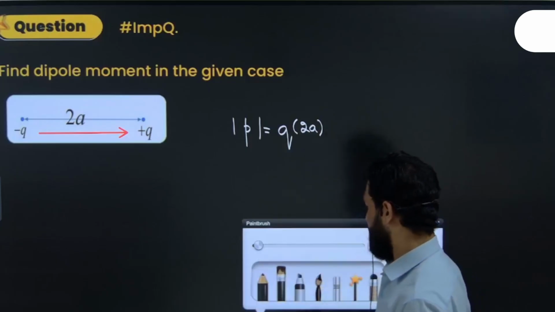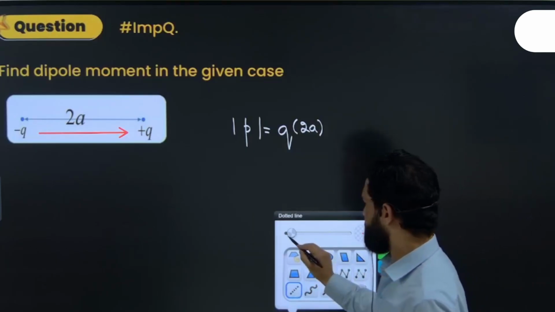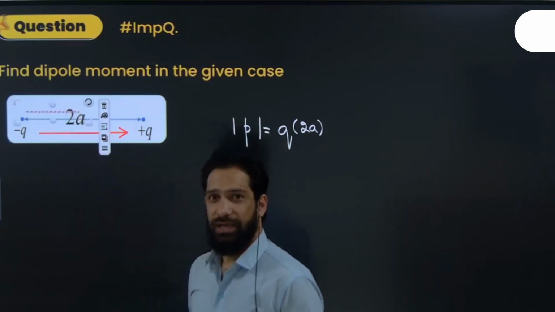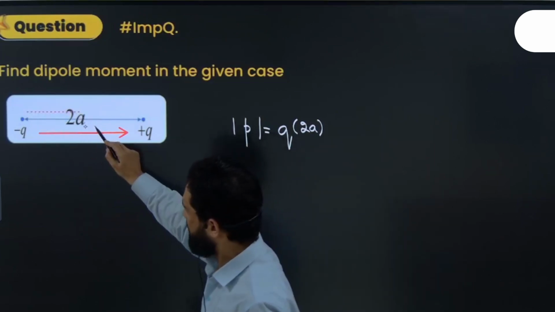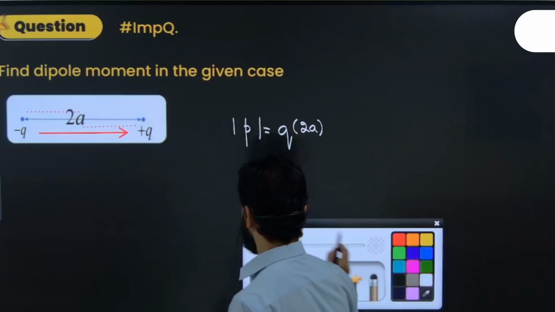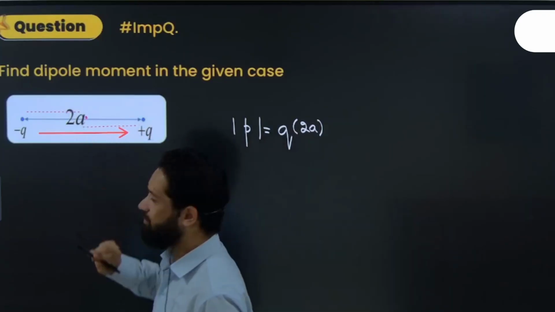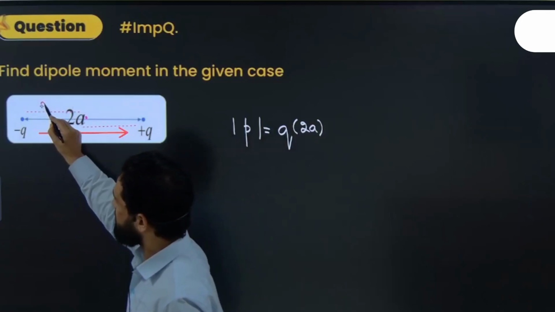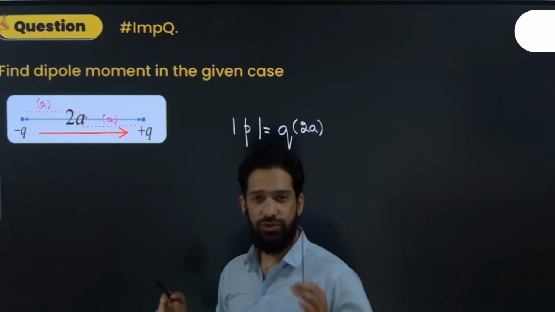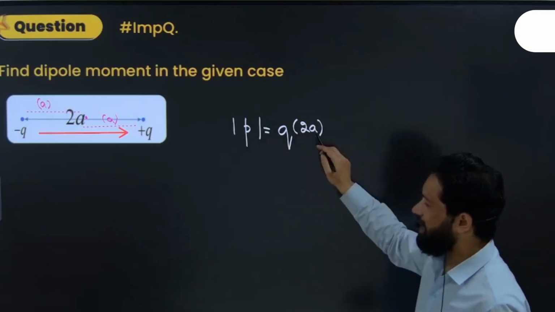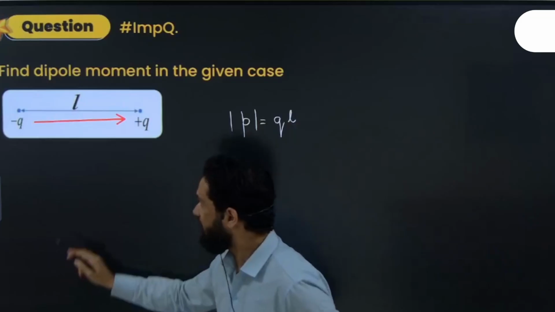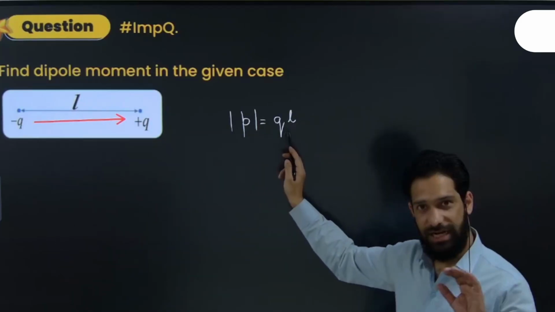So that we can have an idea that the distance of the negative charge from the midpoint is A, and the distance of the plus Q from the midpoint is again A. So if there is some midpoint, the negative lies at a distance A and positive also lies at a distance A. So total length is 2A, right? So sometimes A is the half distance. That's why it is 2A here. And before that, when we used L, it is the complete distance.